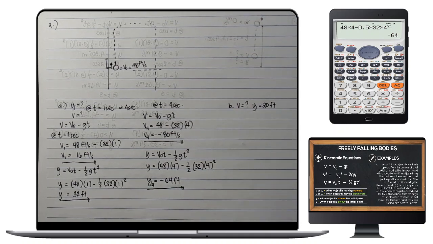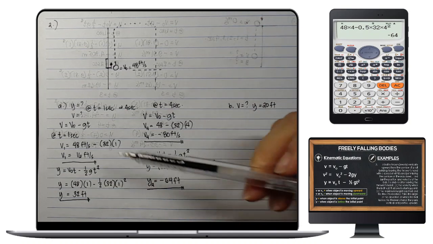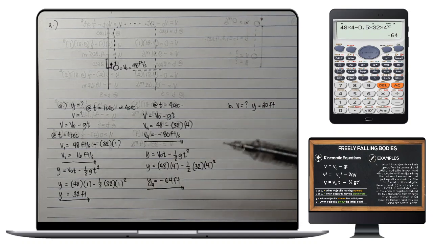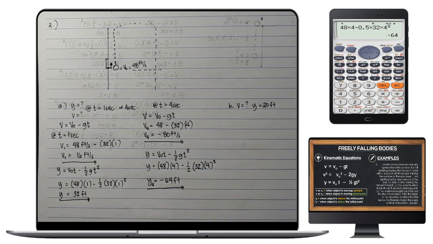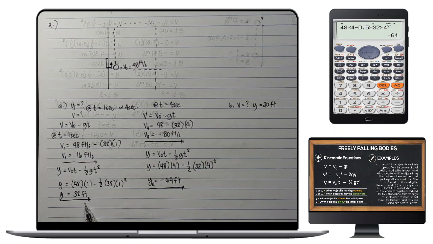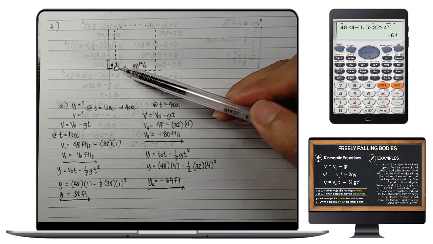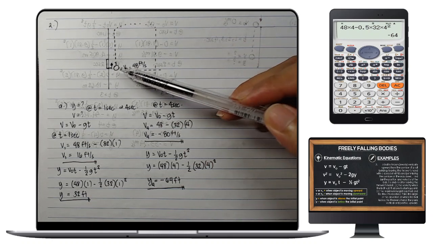Okay? So, even without solving, since we know that after 1 second, it is 16 feet per second. And after 1 second, the ball is located at 32 feet above the object. So above the initial point.